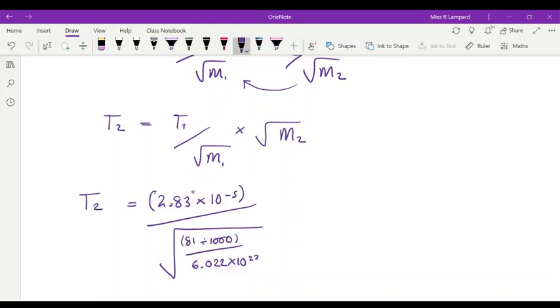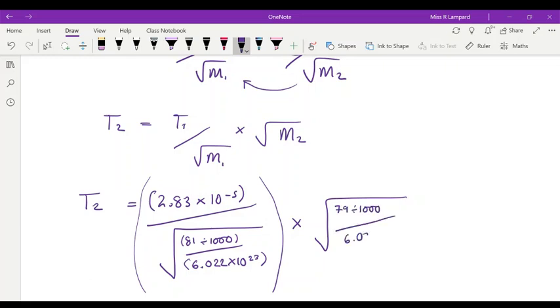I might want to put some brackets around there, and times that by the square root of 79 divided by 1,000 divided by 6.022 times 10 to the 23.